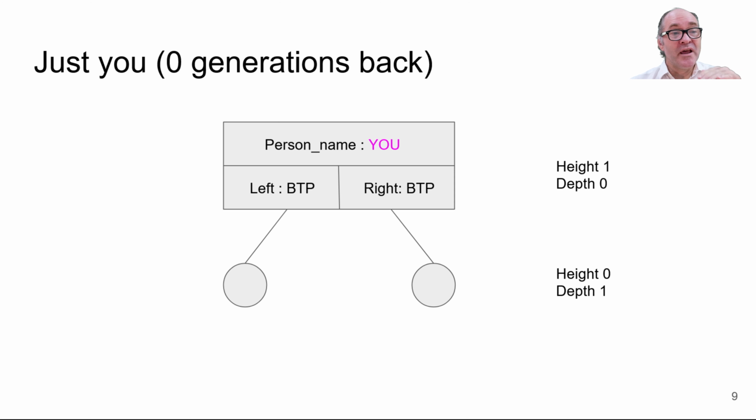But this binary tree is now of height 1 because the node at the top of the tree is one step up from the bottom of the tree, graphically speaking here. And this tree we can say is of depth 1 because you have to take one step from the top of the tree to get to the bottom of the tree. Okay, so height and depth are just complementary properties of a binary tree of people. Okay, so this is how you would represent your ancestry, going just one step back.